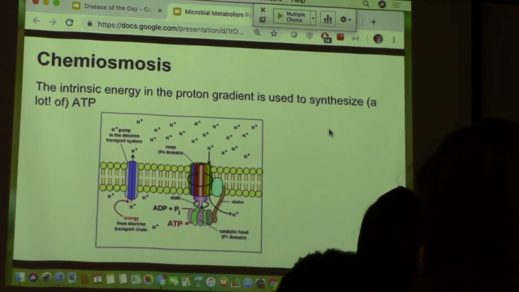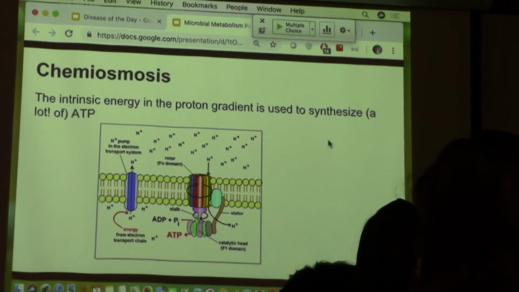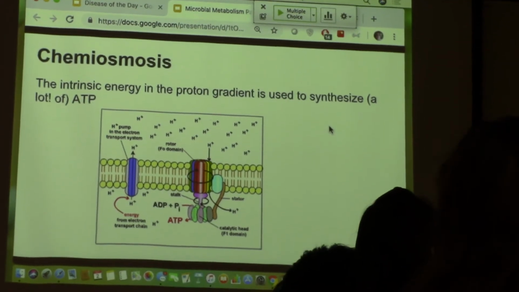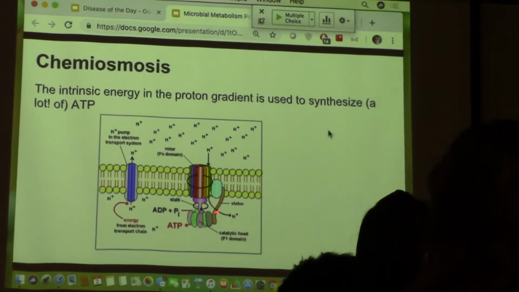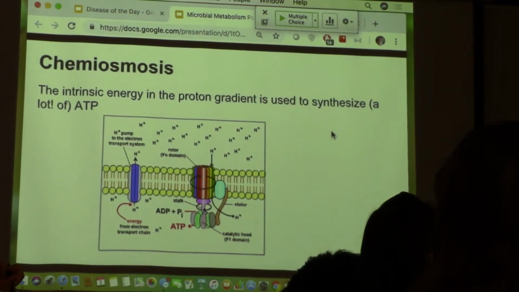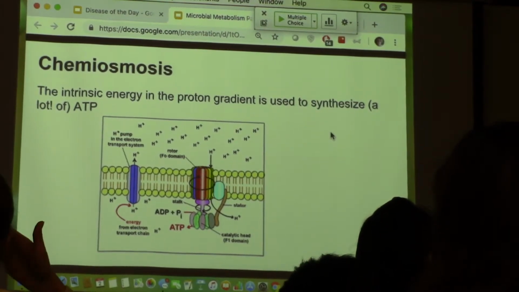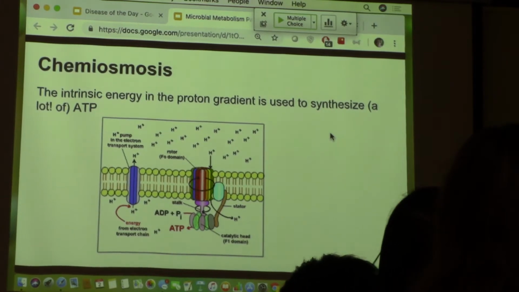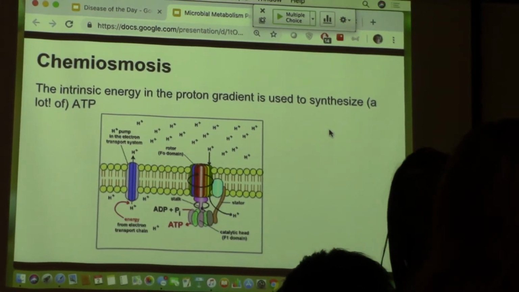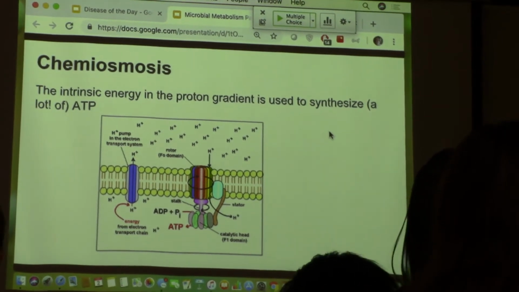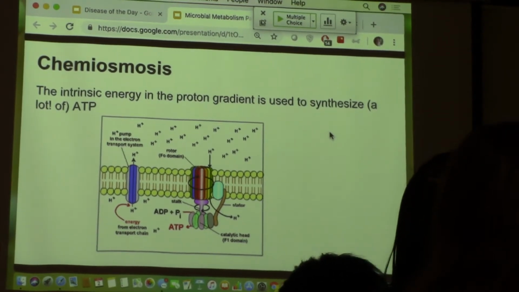You get a lot of energy out when you break ATP into ADP and inorganic phosphate. So it'll take a lot of energy to force that phosphate onto the ADP. And that energy is coming from this proton gradient and the motion of this ATP synthase as the protons go through. So we're releasing protons across that protein, and we're coupling the energy that's released to the synthesis of ATP.